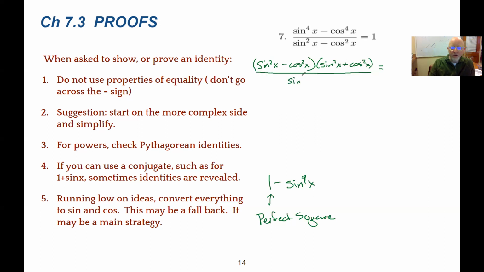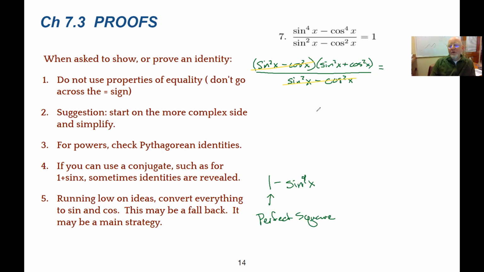Now you might fall into the trap of saying, oh, I have a difference of squares in the denominator too. Let me factor that as well. Well, what you might not notice in that case is that, oh, we can actually cancel from the numerator to the denominator this whole expression.